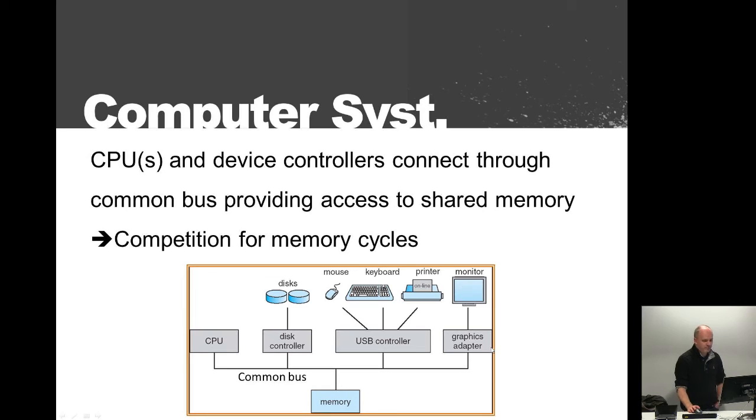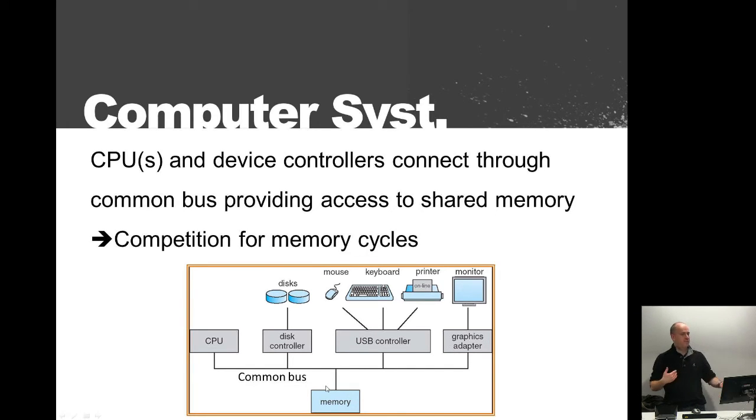So you have your microprocessor, you have the disk controller dealing with what is on your hard drive. You may have some USB controllers dealing with your mouse, your keyboard, your printers, and other devices, and other controllers dealing with your monitor, and you have the memory.